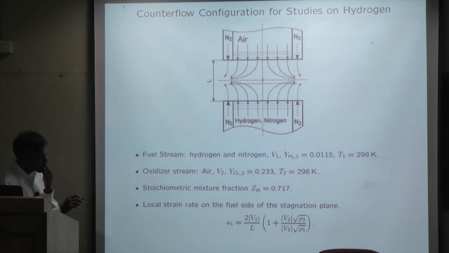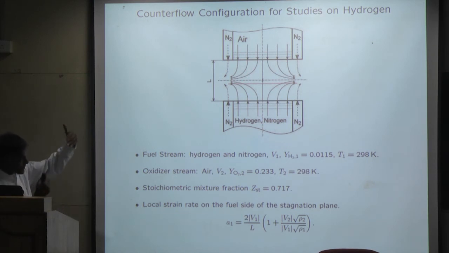Now here are some of the experiments that we did. We studied hydrogen, methane, and ethane flames. We measured critical conditions of extinction. We have hydrogen and nitrogen coming from the top, air from the bottom. Increase the velocity, and this is the strain rate.